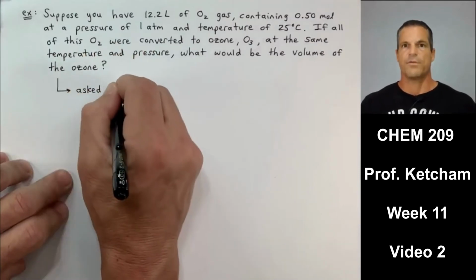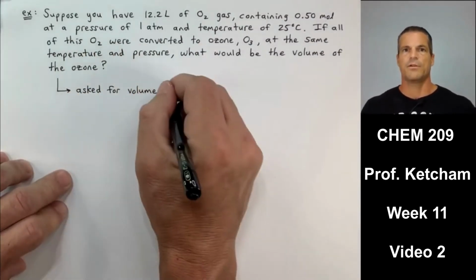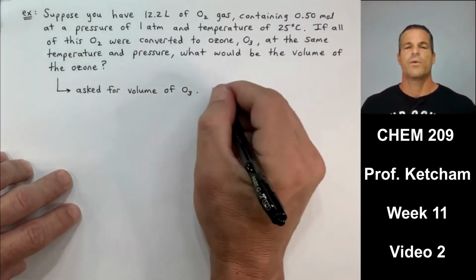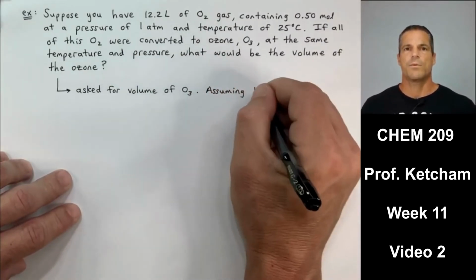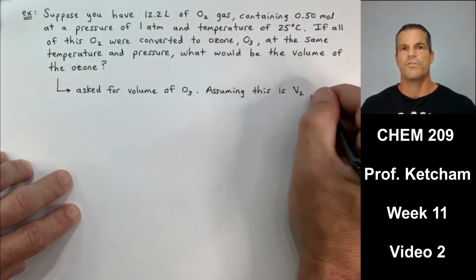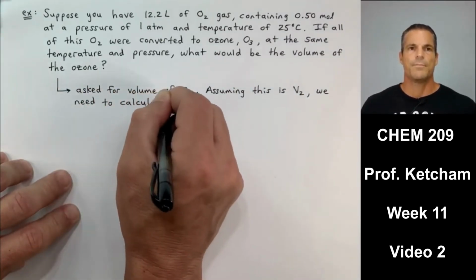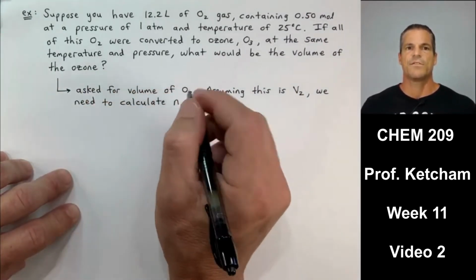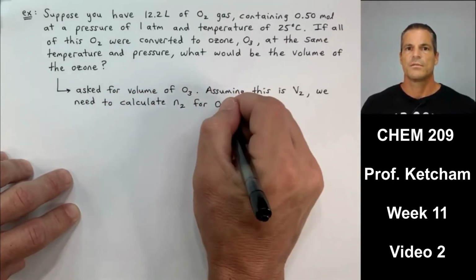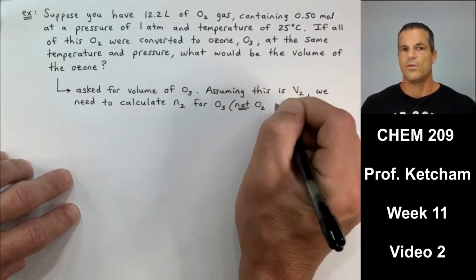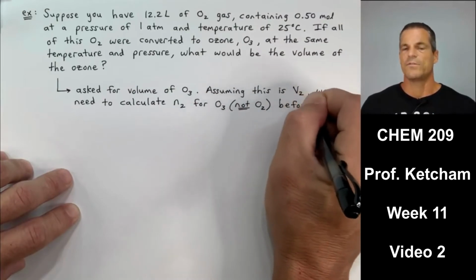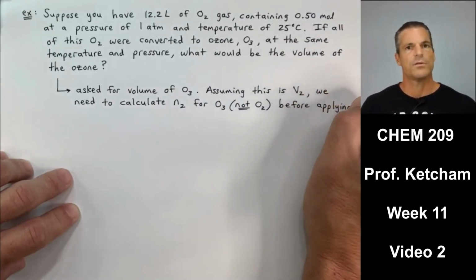But we don't even have O3 at time 0 or situation 1, right? So we have to write down a very simple equation where we convert O2 to O3 and then balance the equation. So the little bullet point here says asked for volume of O3. Assuming this is V2, we need to calculate N2 for O3, not O2.